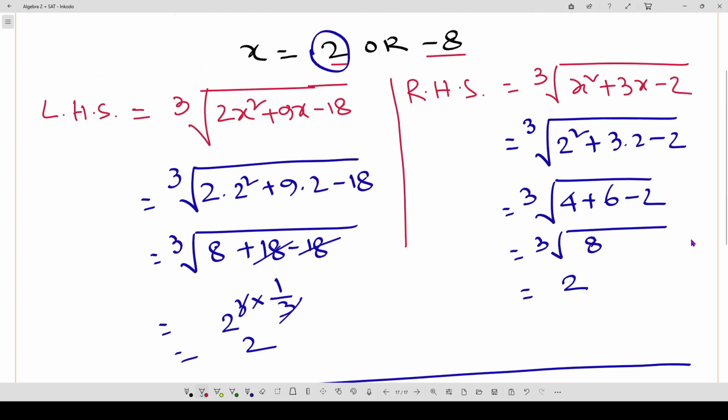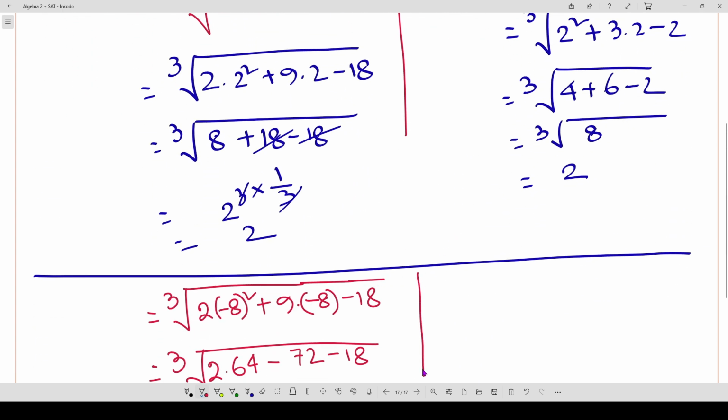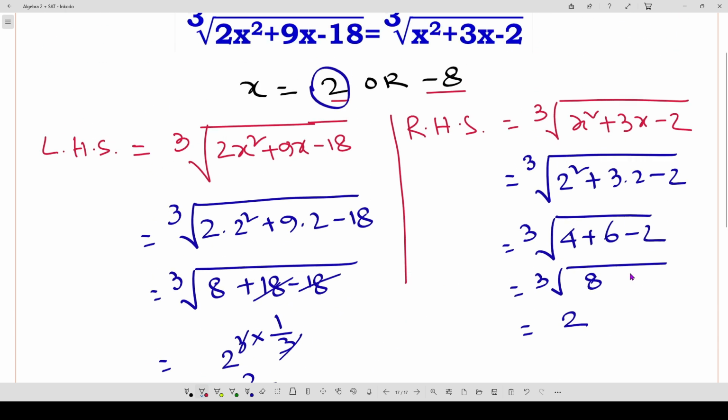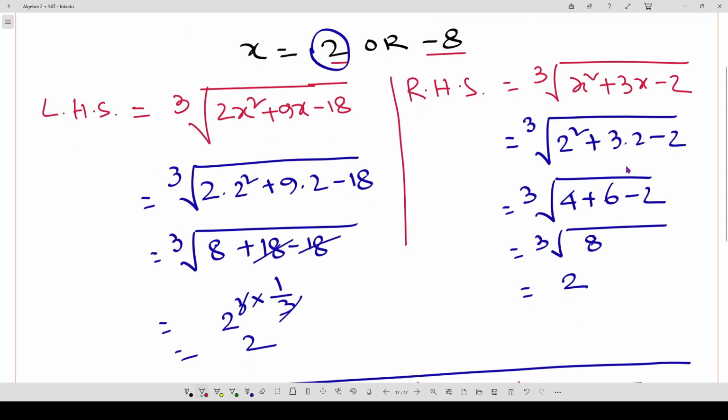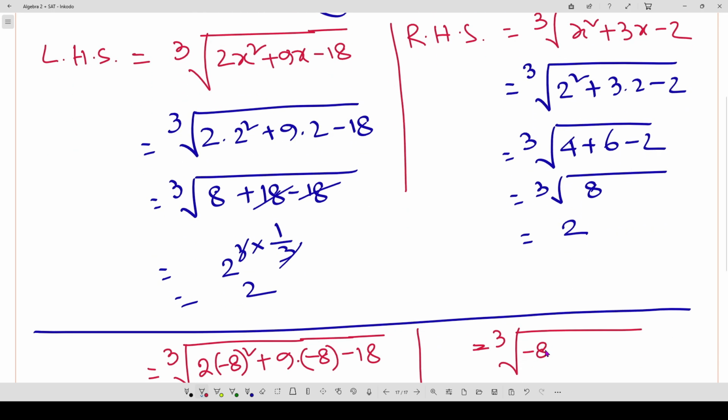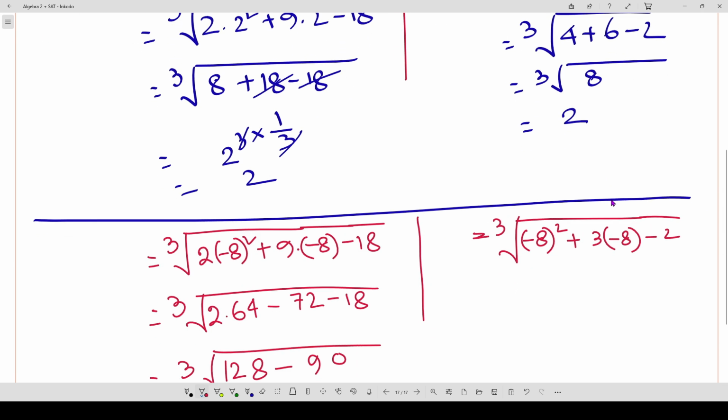Now what about the right side? Similarly, the cubic root of x² + 3x − 2. x² means (−8)², right? Then plus 3 times −8, and here is minus 2. So here it will be the cubic root of (−8)², which is 64, minus 3 times 8 which is 24, minus 2.